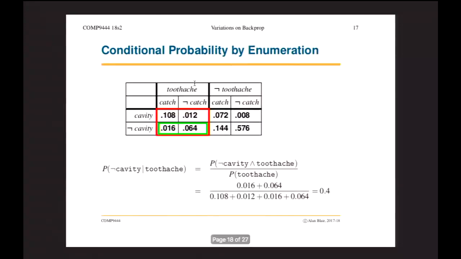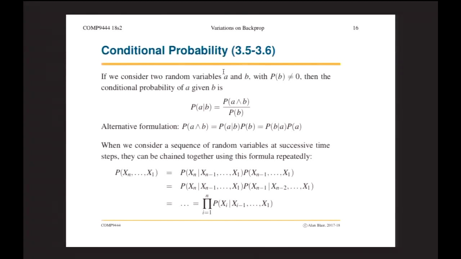If we have 2 random variables A and B, we can ask: what's the probability of A given B? What's the probability of A conditioned on B? That means among the situations where B is true, what's the probability that A is true?